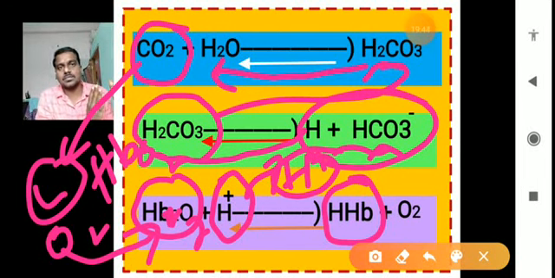What is formed at the cell level is transported to the lungs, and in the lungs it is reversely formed. The oxygen is added, the HHB gives up the hemoglobin, and H plus binds again with HCO3 minus to form carbonic acid. Then the carbonic acid releases H2O, and carbon dioxide is finally released. So this is a very important process in the RBC.